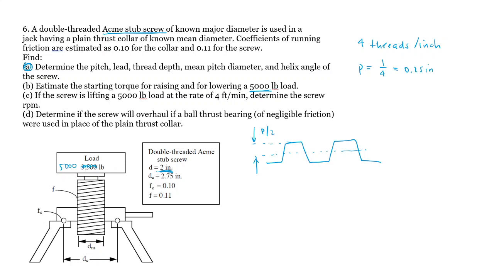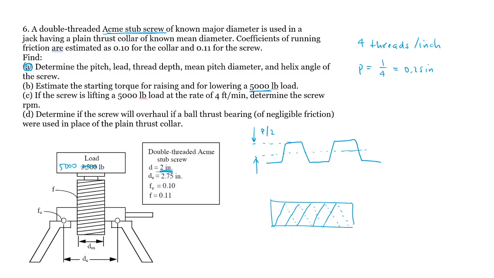The fact that it's a double threaded Acme stub means that if I'm looking at my screw and a thread from the front and a thread from the back, front, back, front, back, there are 2. Another thread here, thread in the back, front, back. What does that mean?